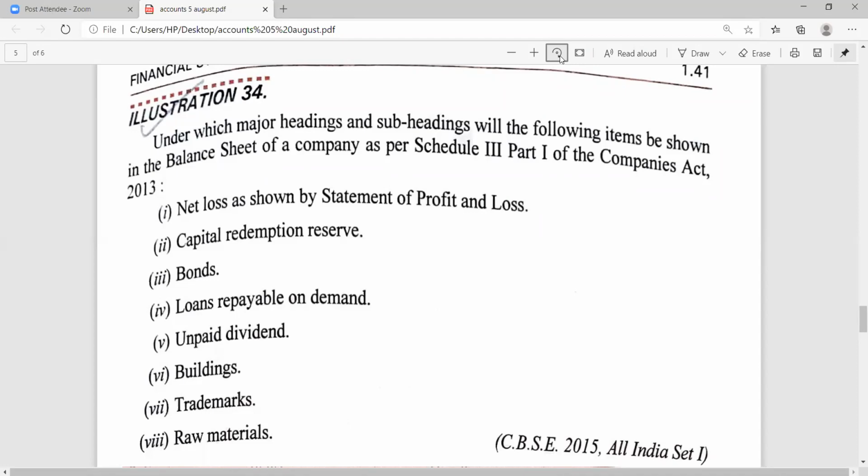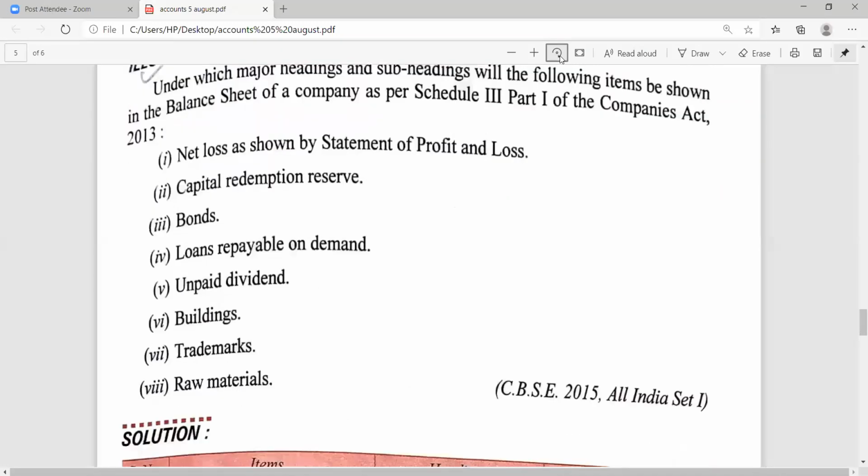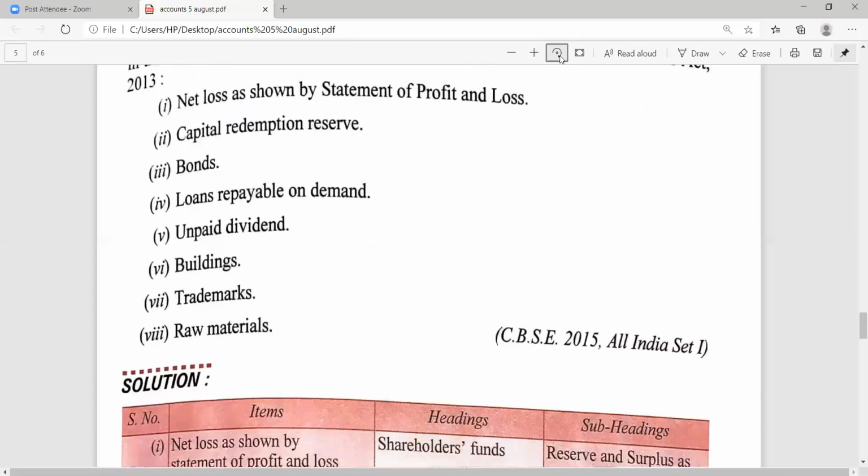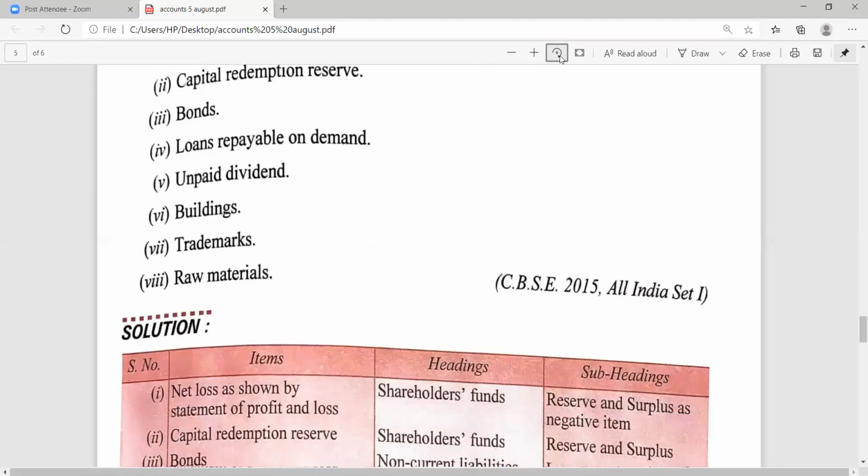In this question, the net loss shown by the statement of profit and loss is given, along with capital redemption reserve, bonds, loan repayable on demand, unpaid dividend, building, trademark, raw material. All these items are given to us.